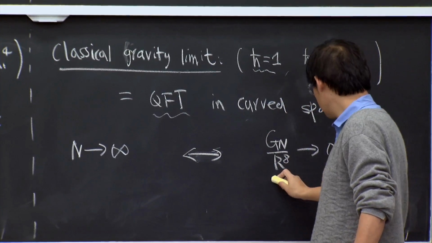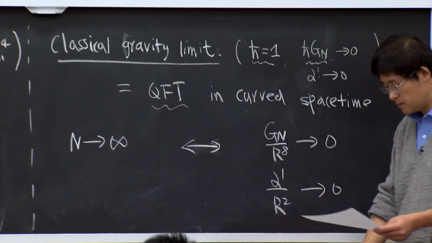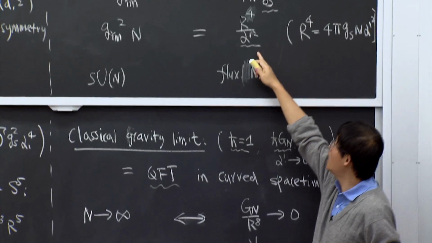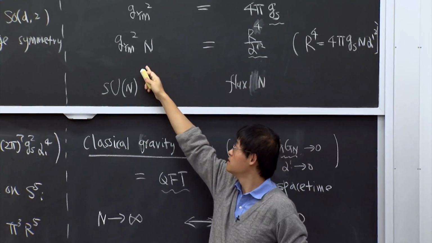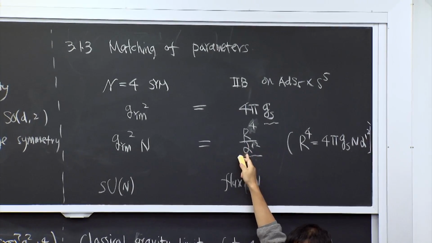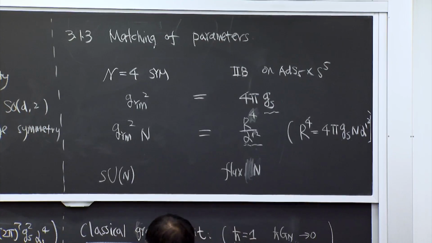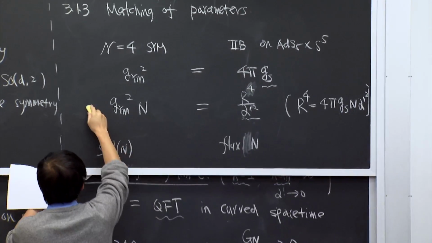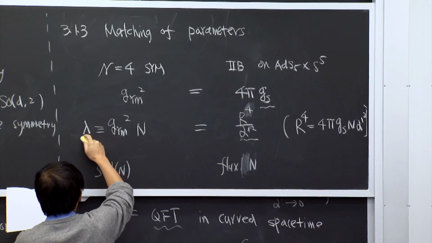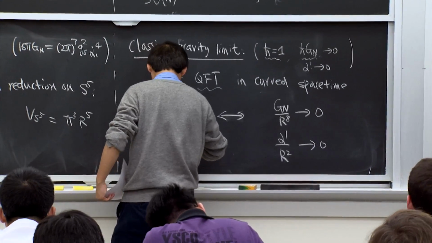And then alpha prime goes to 0. From the relation between alpha prime and the coupling, when alpha prime goes to 0, this is in the denominator, so that means this should go to infinity. This is the 't Hooft coupling we defined before, g squared N. So this means the 't Hooft coupling goes to infinity.